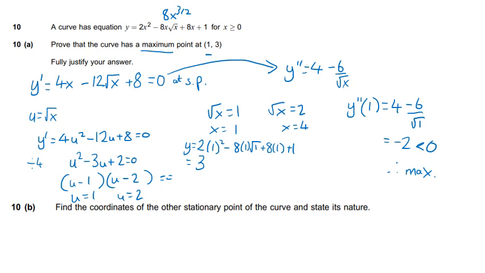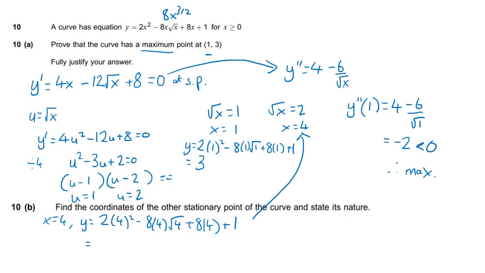Okay, part B, find the coordinates of the other stationary point of the curve and state its nature. Well, I've already done half of that. The other one is where x is equal to 4. And if we substitute that into y, we get 2 times 4 squared minus 8 times 4 times root 4 plus 8 times 4 plus 1.